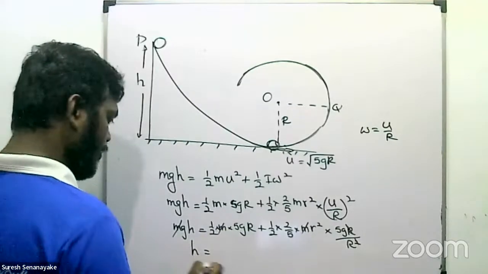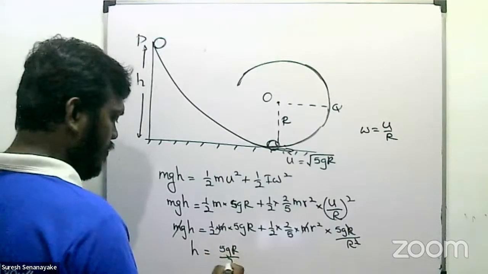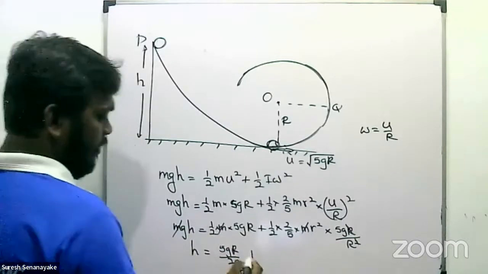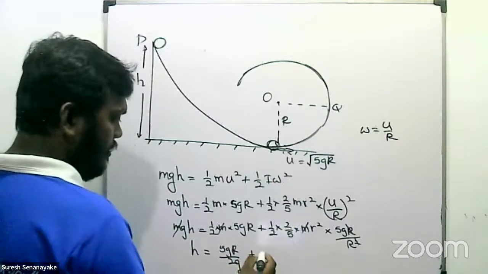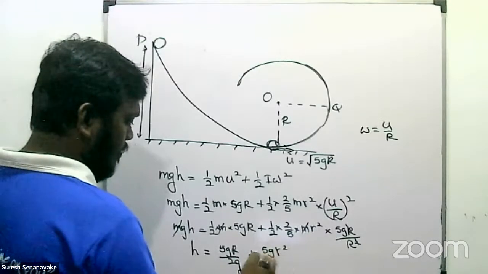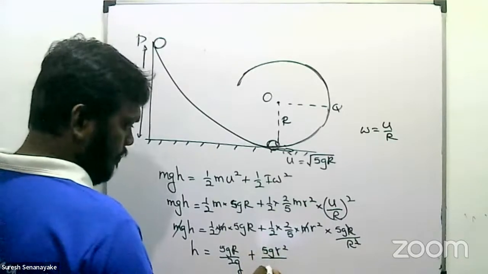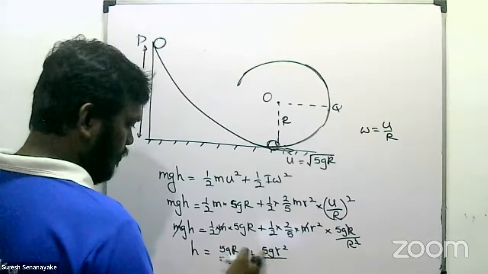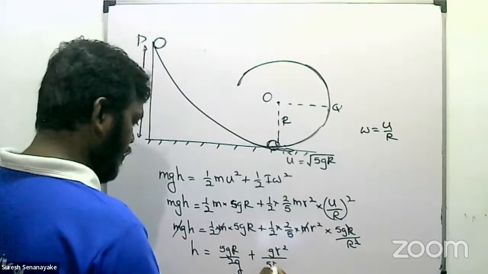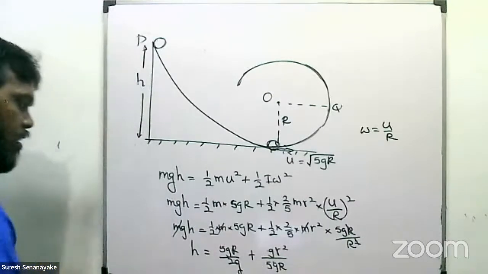h you can write as 5gR over 2 divided by g, plus the second term, where the g cancels: (1/5) times 5gR times r square over R square.